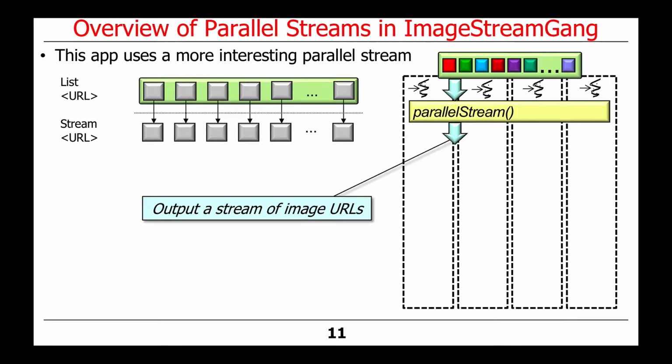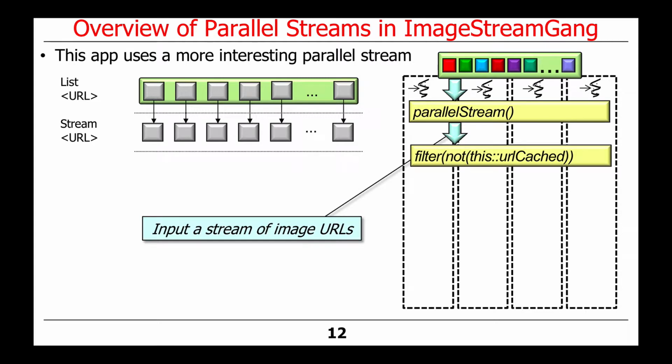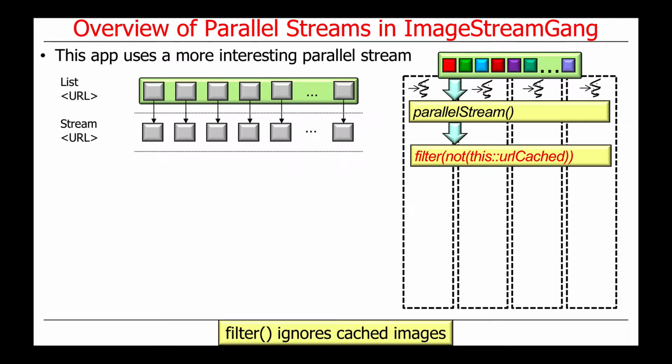Now we have a parallel stream that outputs a stream of image URLs. We then connect that as the input to the next stage in the pipeline. And what that will do is use the filter intermediate operation to ignore any cached images. You can see here that we use a method reference to the URL cached method, and we negate the result of that.